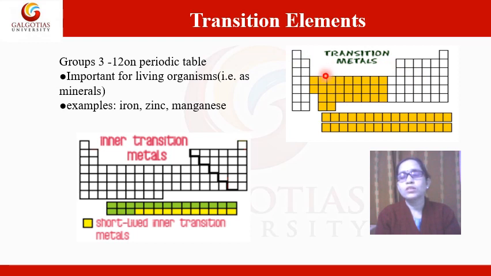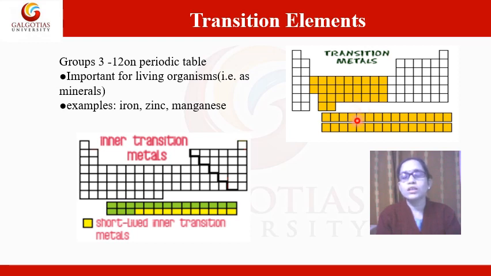These are also known as d block elements, because in these the d subshell is being filled, with the last electron going to the penultimate shell. The transition metals are mainly important for living organisms, and these are also minerals. Examples are iron, zinc, manganese, and so on.